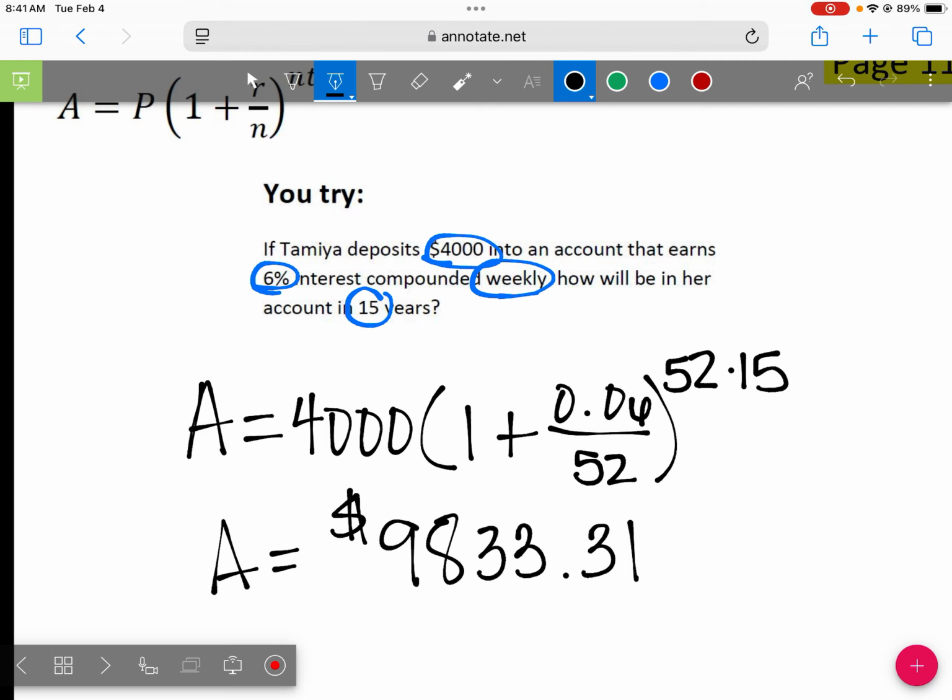To the power of 52 times 15. You got it.